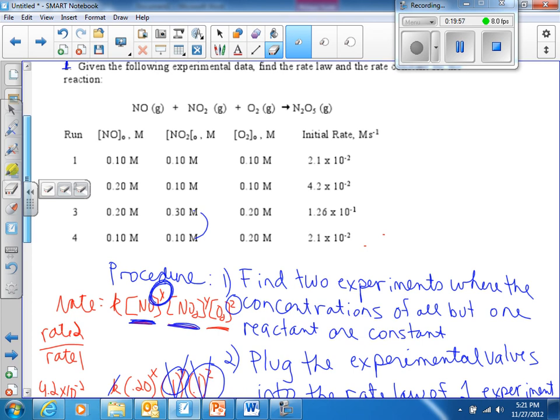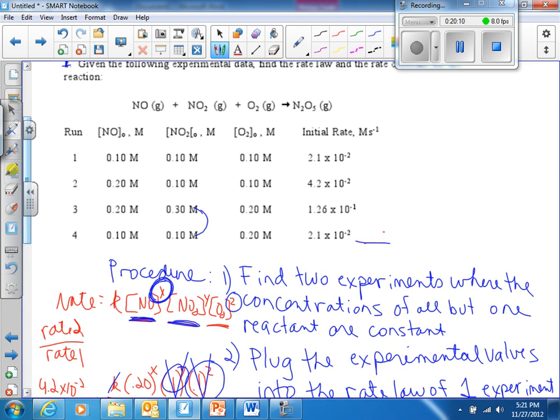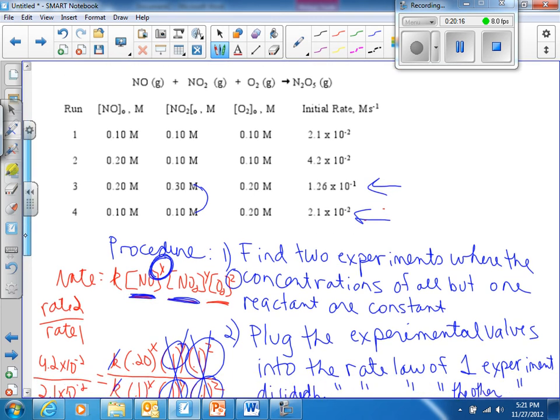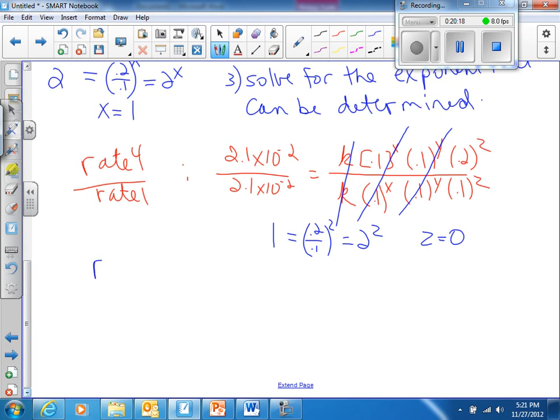I'm going to do it the more complicated way just so that you see what would happen if this didn't work out so simply. So I'm going to pick 3 and 4. You could pick 3 and 2 or 3 and 1 or 3 and 4. Okay, I'm going to note that run 4 has a bigger rate than run 1. So we're going to do rate 4 over rate 1.